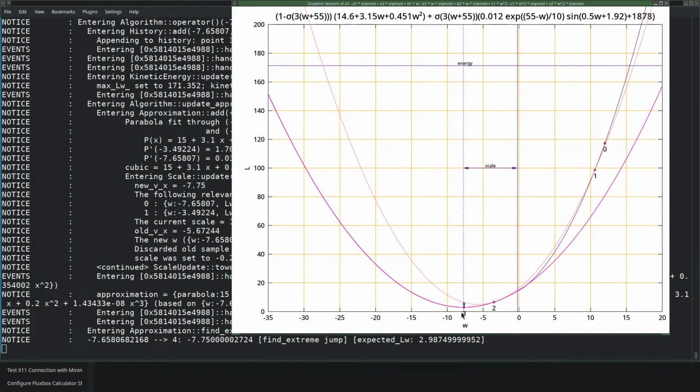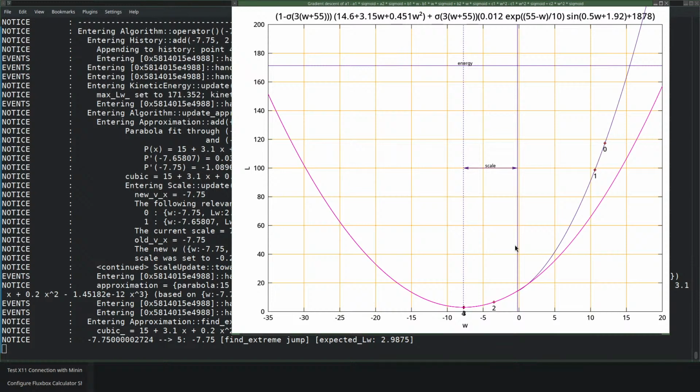Block. And again, it does a find extreme jump, and this time to the actual correct value. Almost. The correct value is minus 7.75. And then again, that's ridiculous.